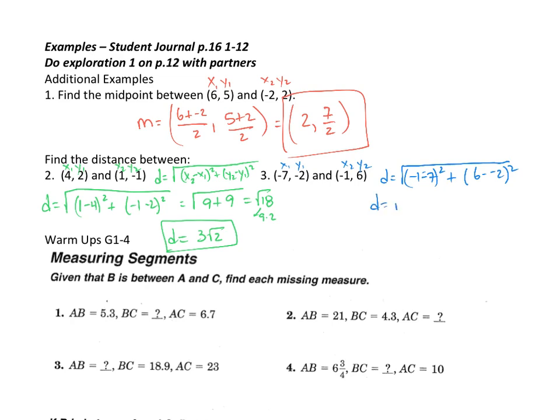So the distance becomes, and this is minus a negative, so this will become negative 1 minus 7, which is negative 6 squared, and this one becomes 8 squared. So the distance becomes the square root of 36 plus 64. Adding these up, we get the square root of 100, which is a distance of 10.